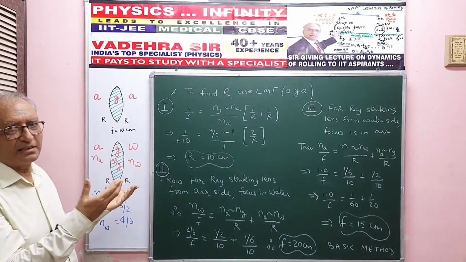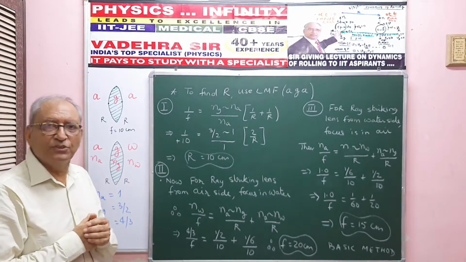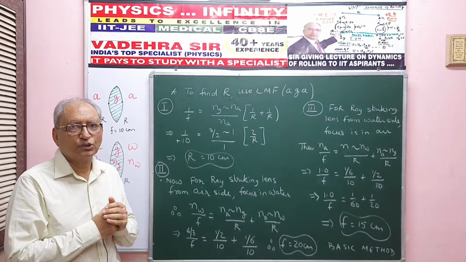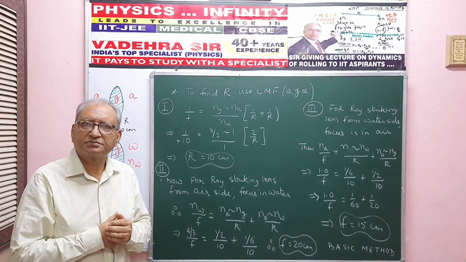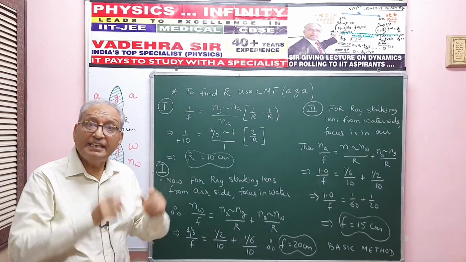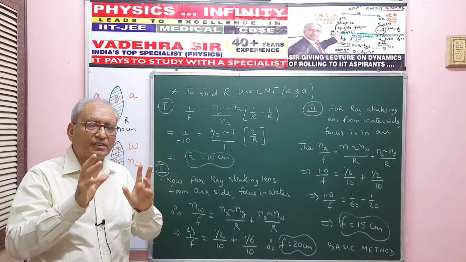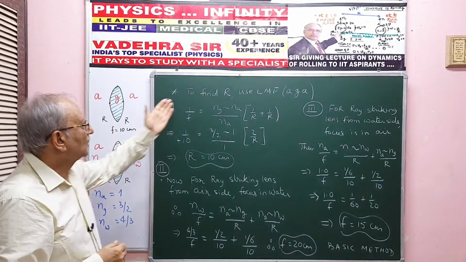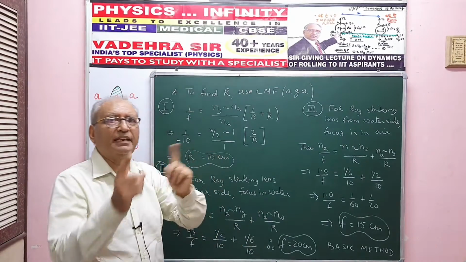In air it is 10 centimeter, given. So let's start. First of all, I use the knowledge of its focal length in air to be 10 centimeter. Well, I make use of the good old lens maker formula. Equiconvex lens means the two radii of curvature are the same. Let me take it as R. So I find R using the lens maker formula.